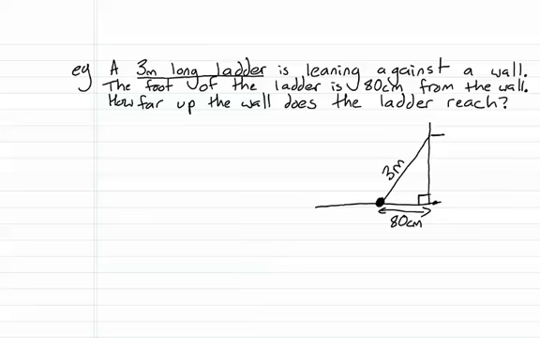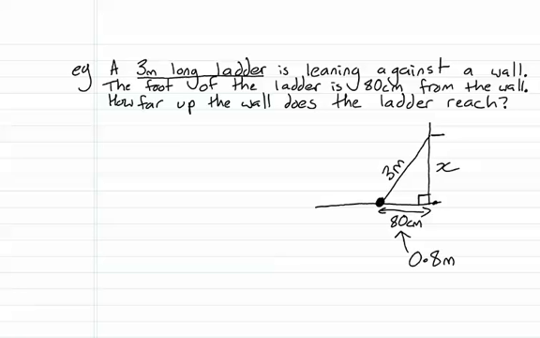So that will be our x. They've been a little bit tricky in this question. They've given me 80 centimeters here, but the other measurement is 3 meters, so we'd better convert 80 centimeters to meters, 0.8 meters.